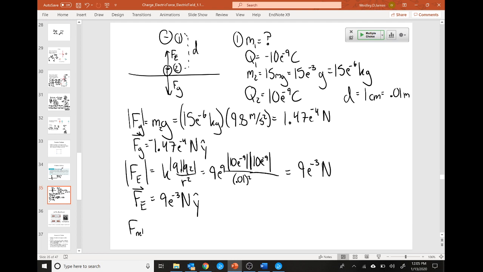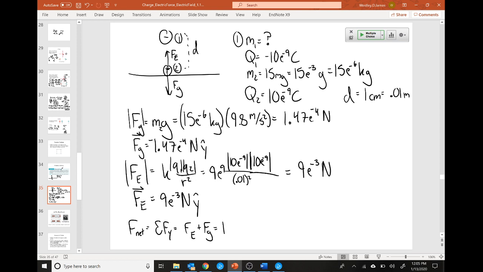So F net equals the sum of forces in the y. They're only in the y, which is why I'm just writing the y. And you get negative, and I'll just write it FG. You know what? FE minus FG, because they're opposite directions, so I'm kind of including that in there. No, I'll leave it as plus.